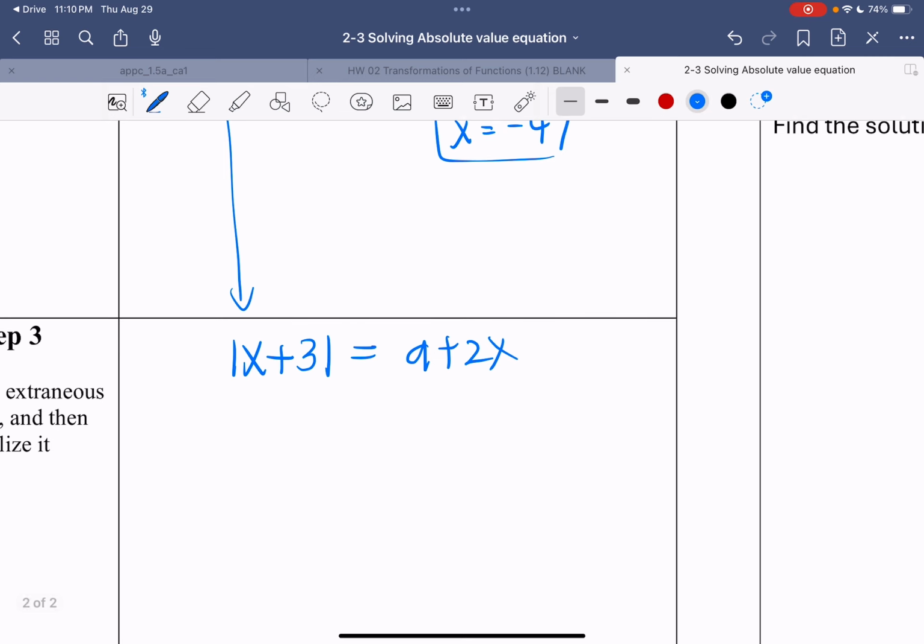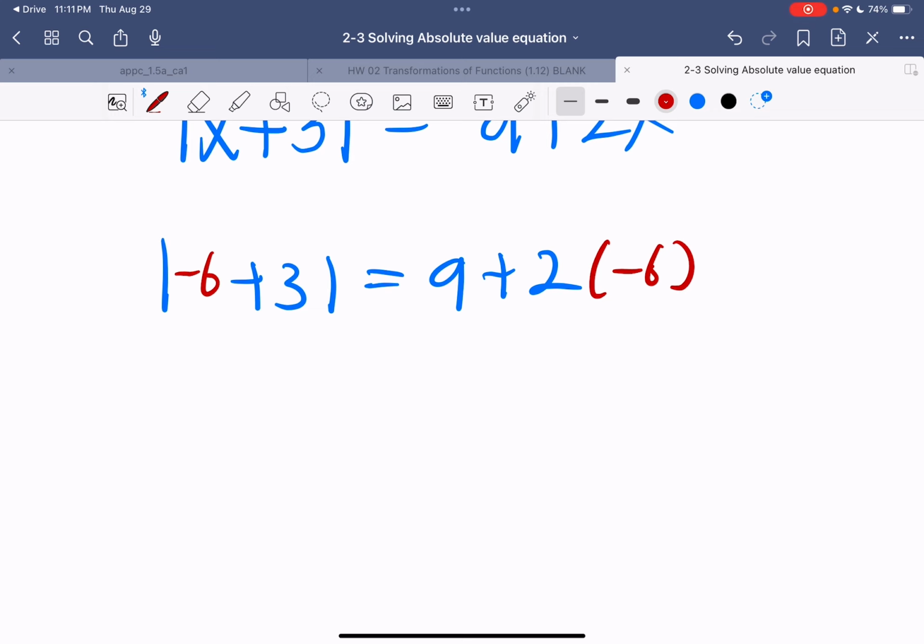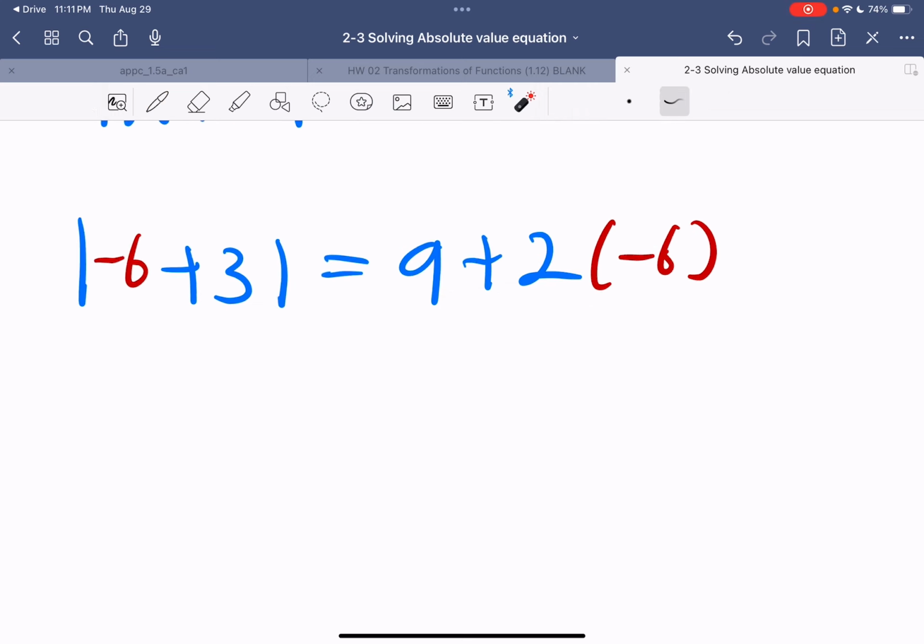So instead of x, I'm going to put negative 6, plus 2, and instead of x, now I'm going to plug in negative 6. And see if these two numbers are going to be equal to each other.